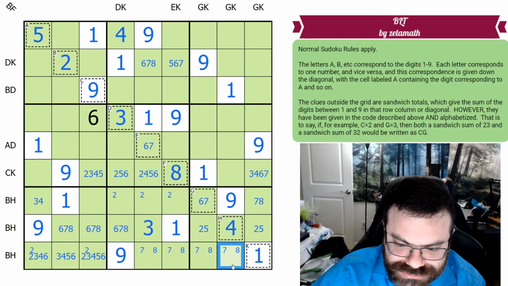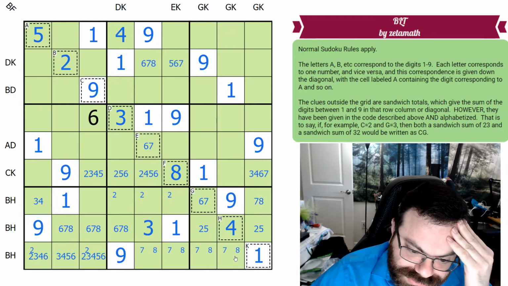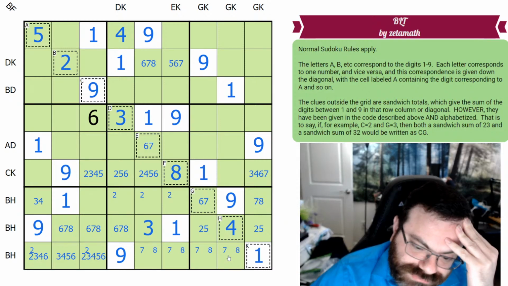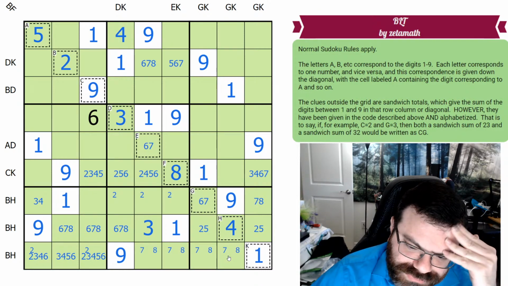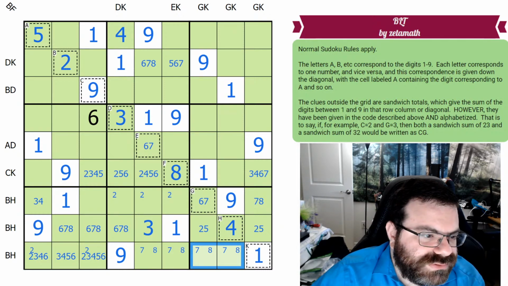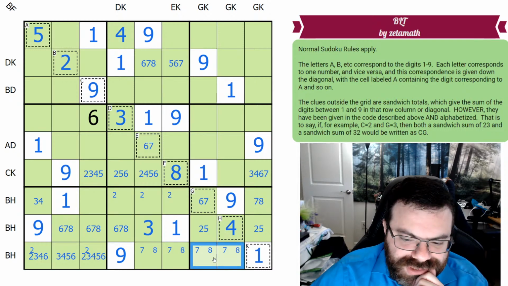Okay, so yeah, only one of these could be 7, 8. So we don't really. Or was BH again? 20, 24? One of these is 3 or 6.